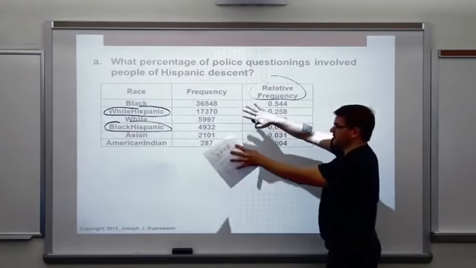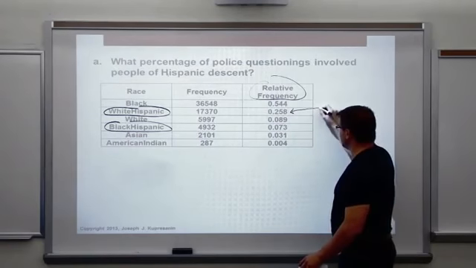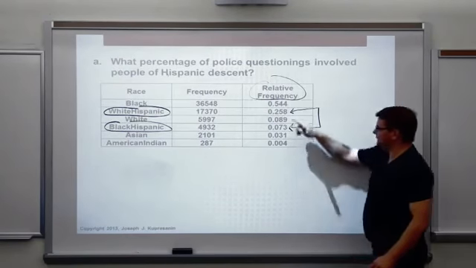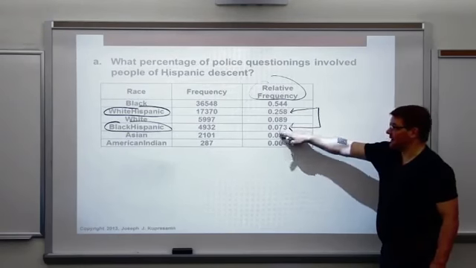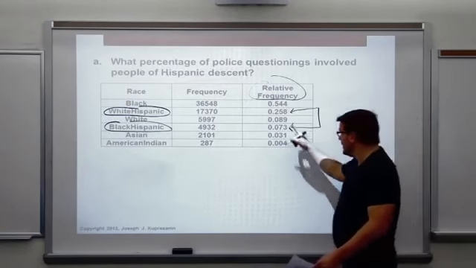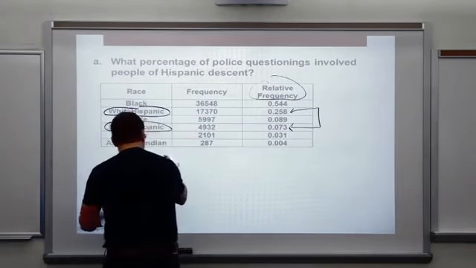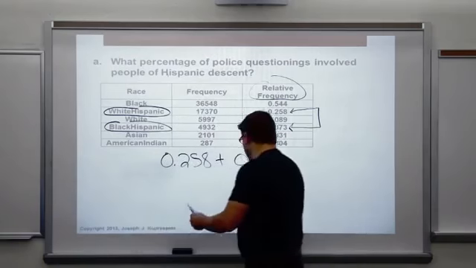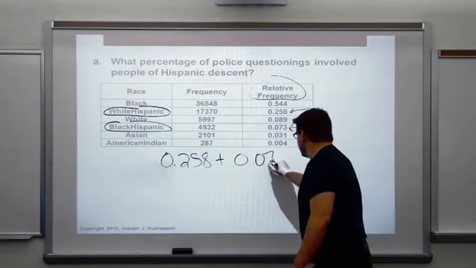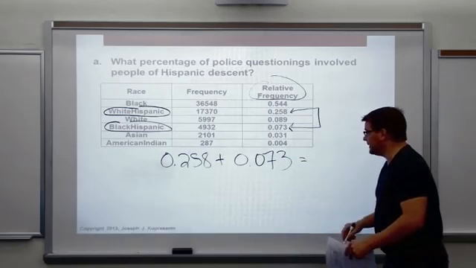Because those are disjoint or separate groups, this is a really easy question. All I have to do is add the 25.8% plus the 7.3%, and I'm there. Okay. We'll add them up as decimals, so what do we got? 0.258 plus 0.073.